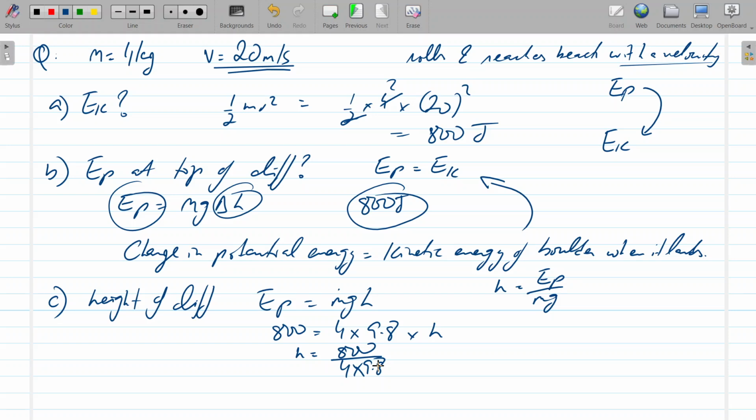We did study that the value of g, acceleration due to free fall, is 9.8, but it is at times rounded off to 10. So in this particular question, they've taken 10. To stay on the same page, I'll take 10 as well.